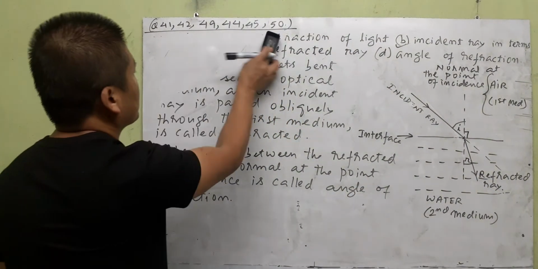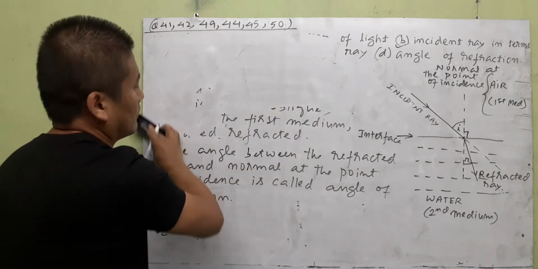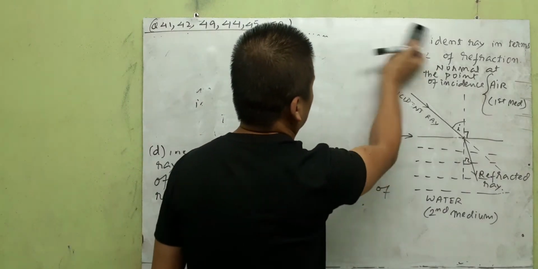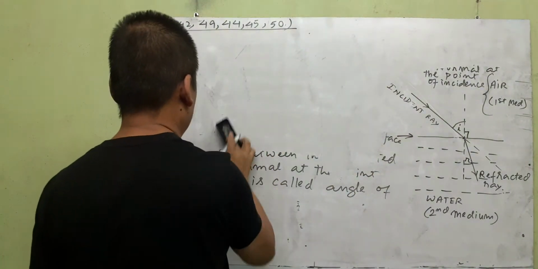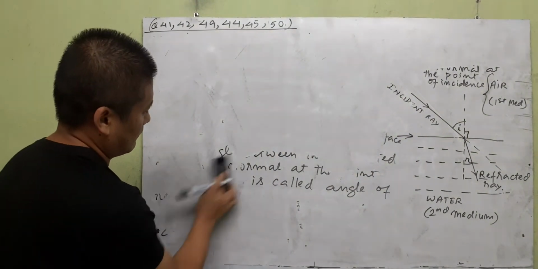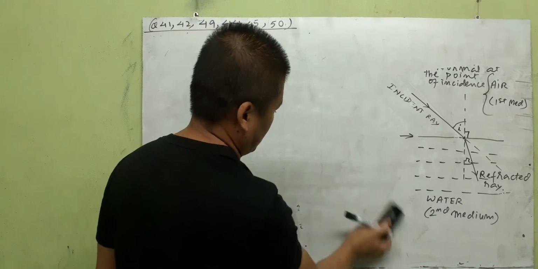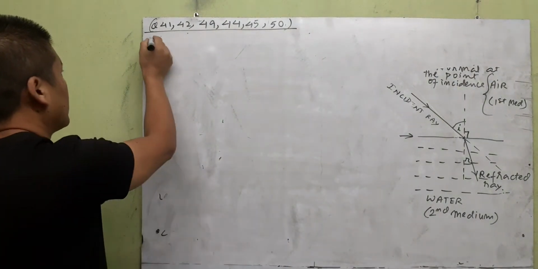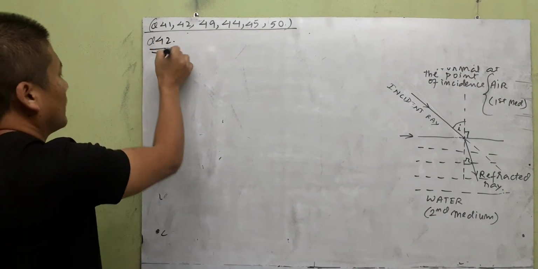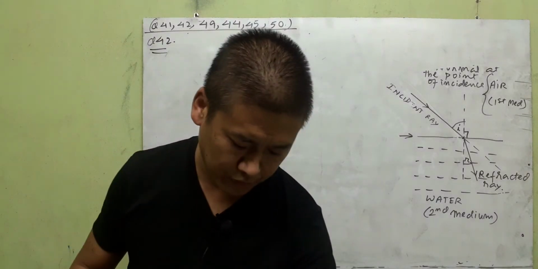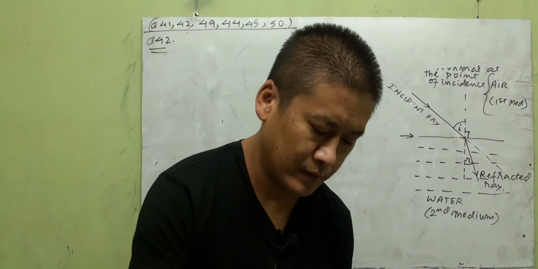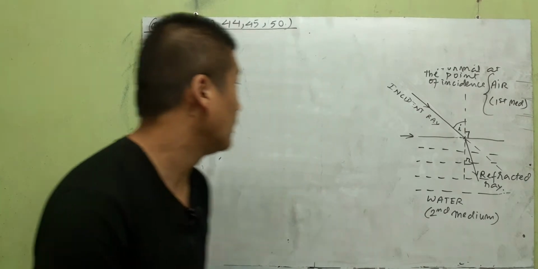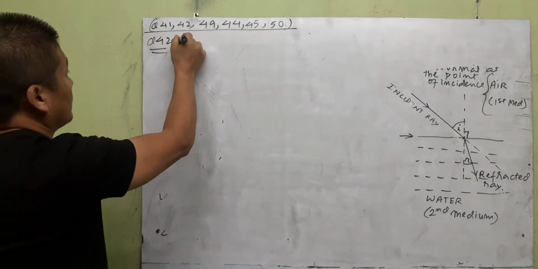Okay, let's go to the next question, 42. Let us see what it is. Define normal at a point of incidence. This shouldn't be hard.